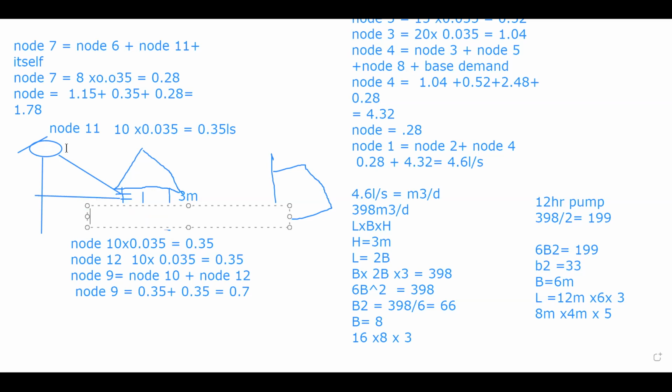This is the highest level. This is what we call change in H, delta H. I can't type it here, sorry. This is delta H. Here is the geodetic height difference.